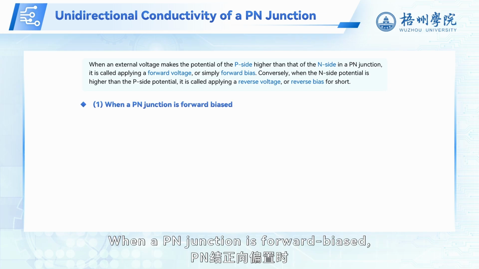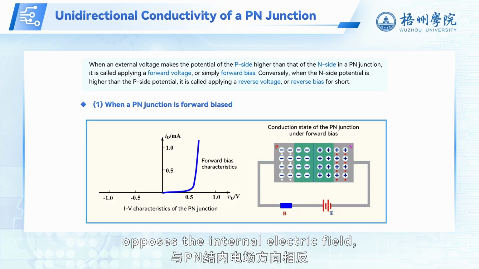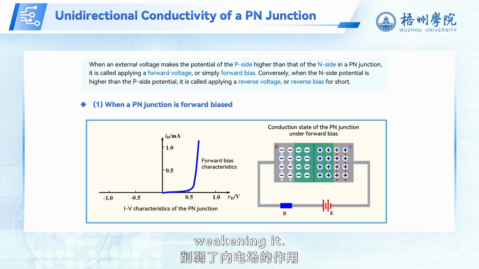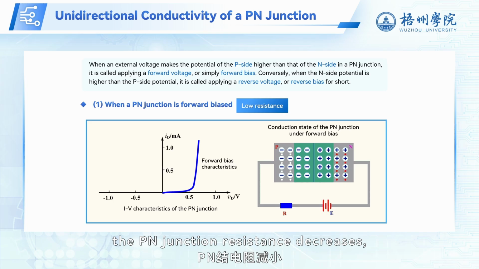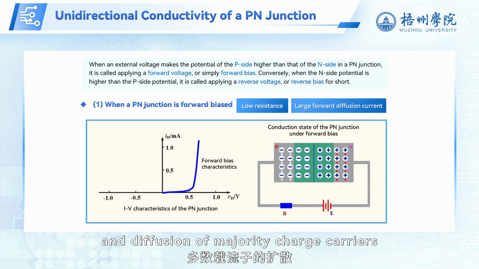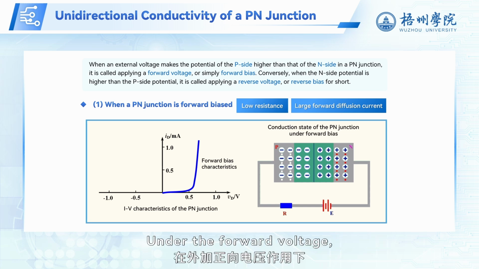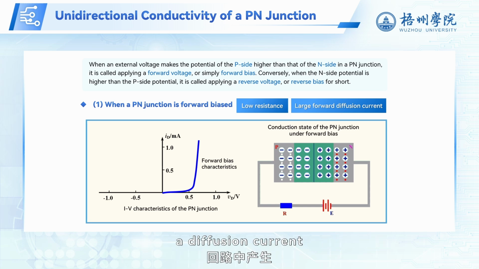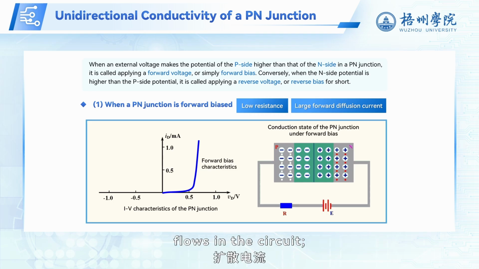When a p-n junction is forward biased, the external electric field opposes the internal electric field, weakening it. The space charge region becomes narrower, the p-n junction resistance decreases, and diffusion of majority charge carriers becomes easier. Under the forward voltage, a diffusion current formed by majority charge carriers flows in the circuit. This is called forward current.